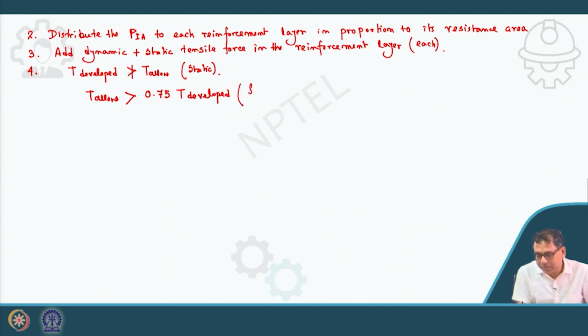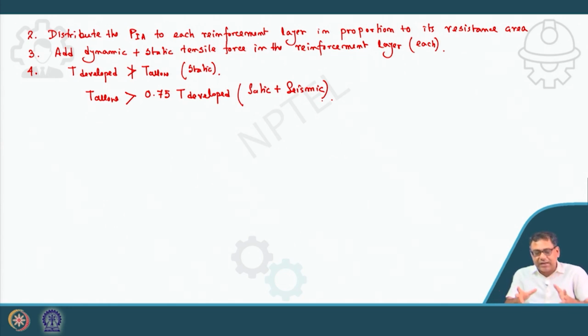That is for static plus seismic. Why? Because as I mentioned, the factor of safety for seismic is less than the factor of safety of static. So, we are basically reducing the T developed.